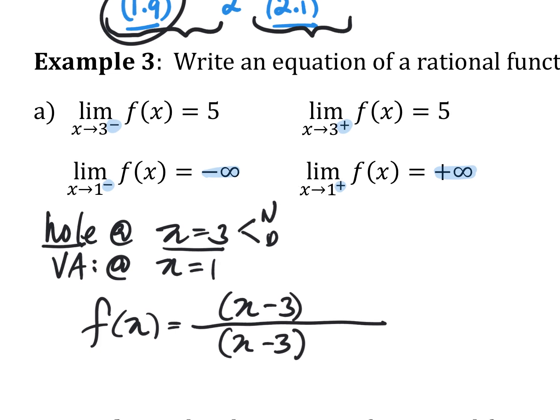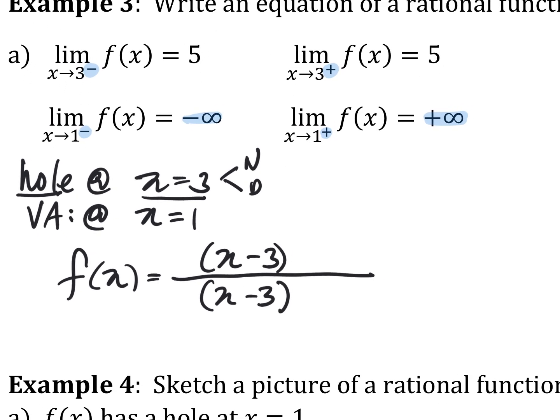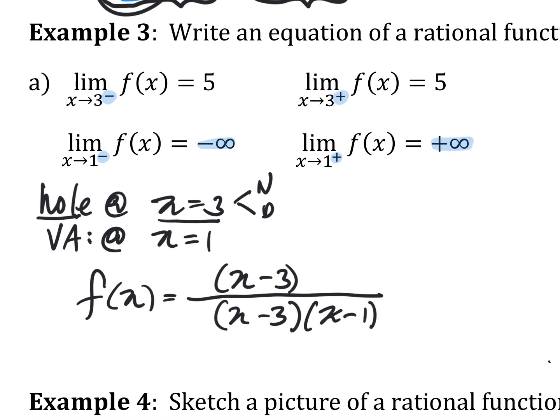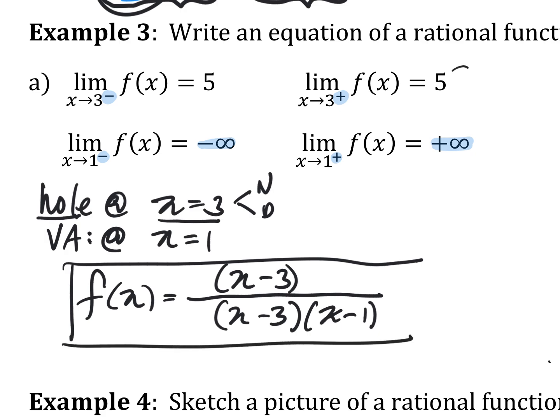Remember, vertical asymptote is actually down under, in the denominator. And if I put that in its linear factor, it's going to give me x minus 1. So according to the limit statements that we have just scrutinized, this is the possible function for these limit statements.